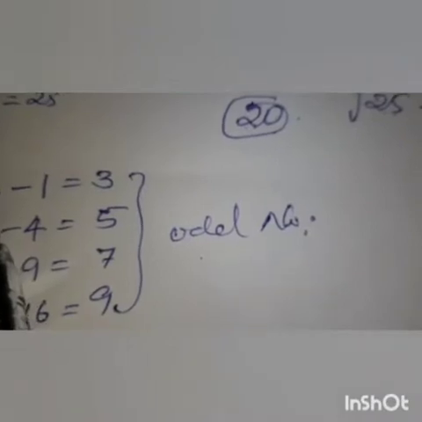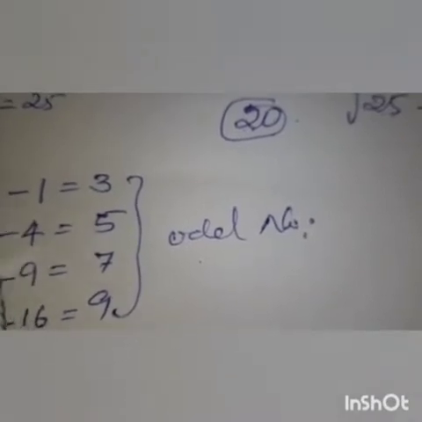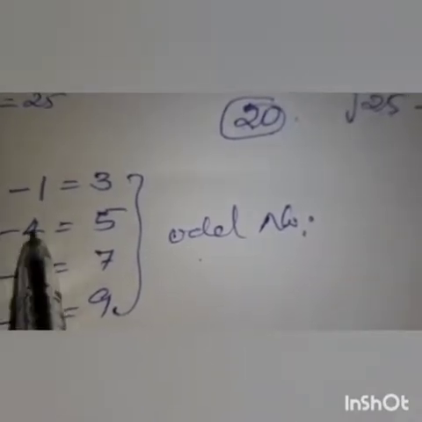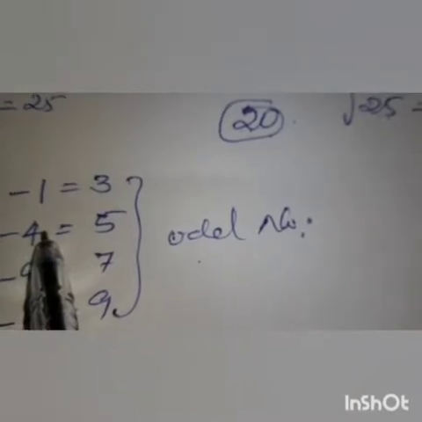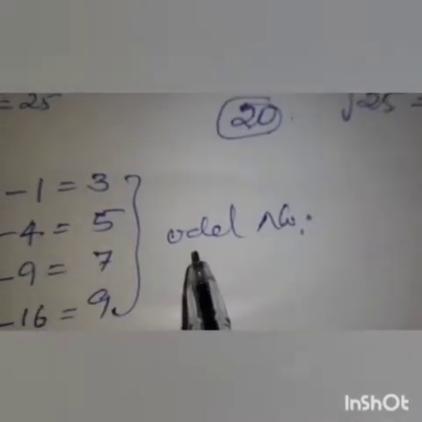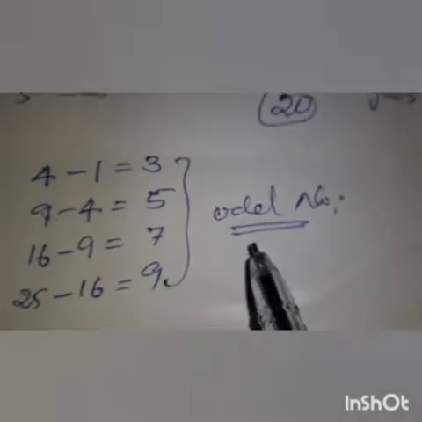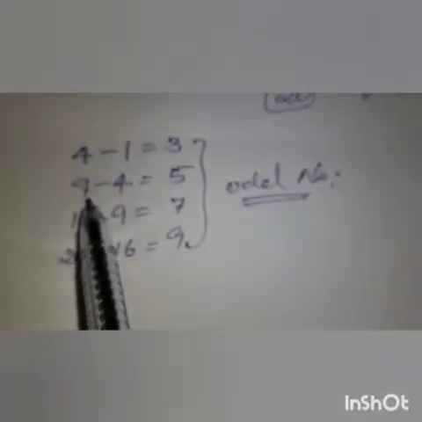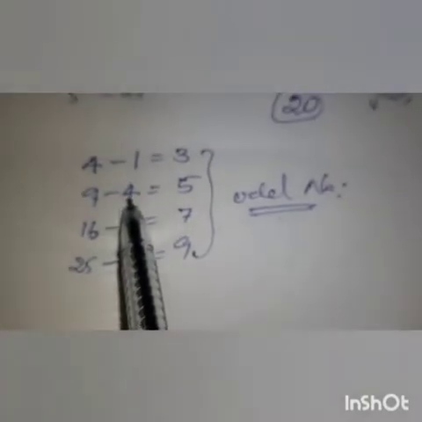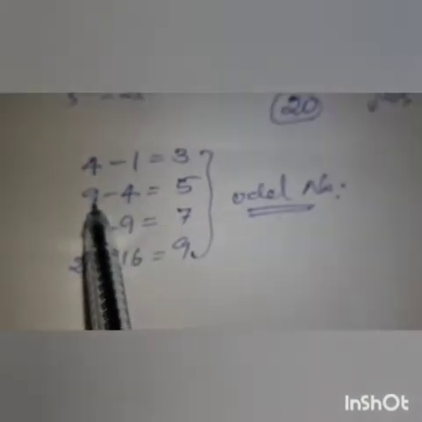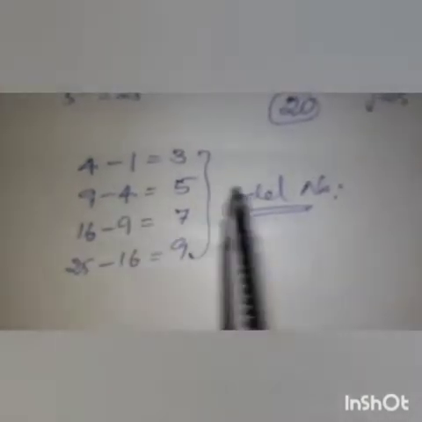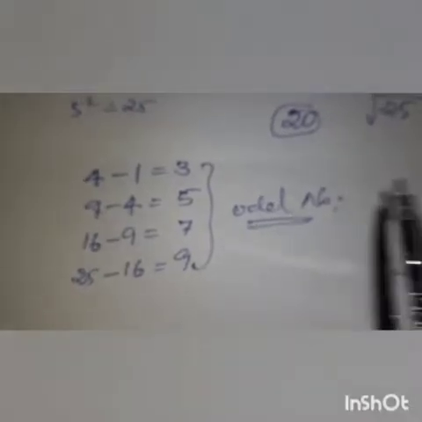So the difference of two consecutive perfect squares is an odd number.